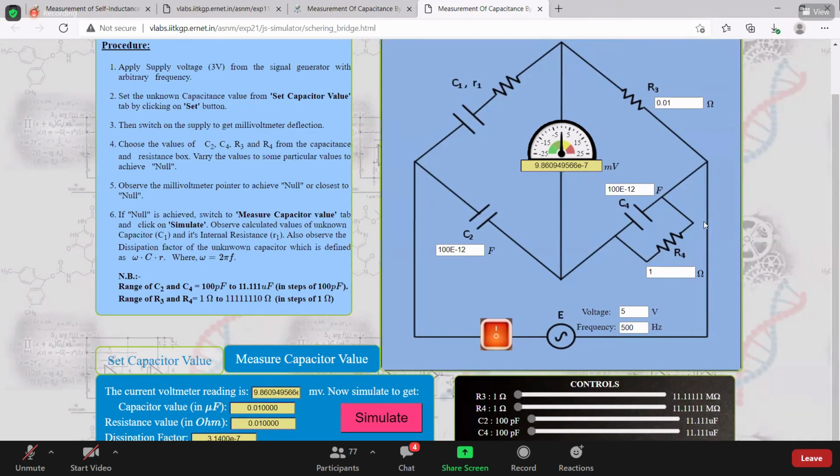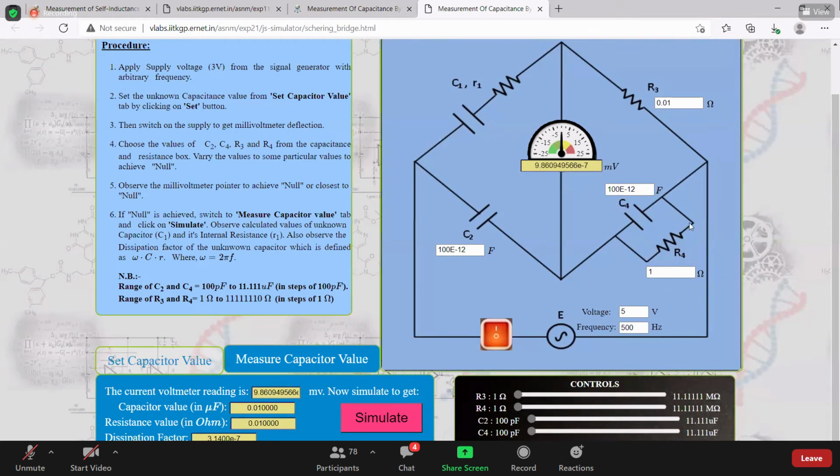Sir, we should find C1. Here 3 capacitors and 3 resistors are given. By using those we should find C1, and here C2 and C4 should be equal. R3 is the steady value, and R4 is the variable resistance.